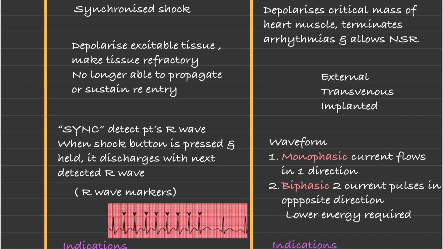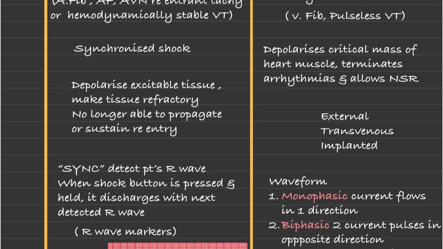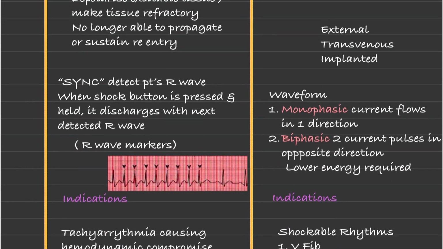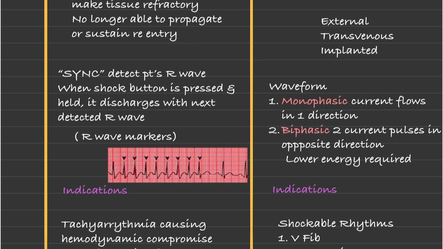So first it detects the patient's R wave, and when the shock button is pressed and held, it discharges the shock with the next detected R wave. As it gives the shock at a particular time, that is why it is known as synchronized shock. In this image, you can see the markers for the R wave with the arrows. These arrows have detected the R wave and will give the shock at the R wave only.